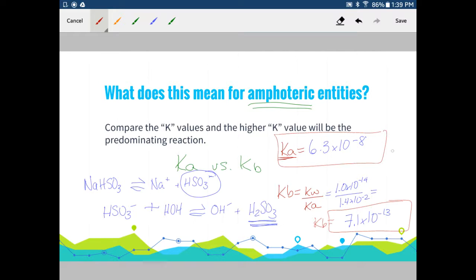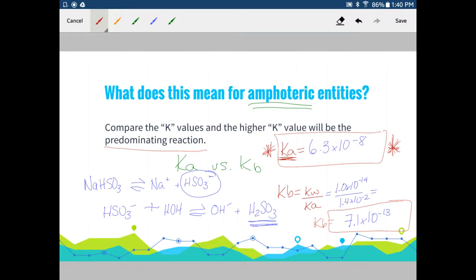This reaction will happen more times, or it's more frequent, and we create more, for example, hydronium ions than we do hydroxide ions, which means that our Ka value, because this is the larger of the two values, is the predominating reaction. It is the reaction that we see most often, and if this was in a vessel or a container, this acid reaction is going to happen more frequently. So again, you have to be careful with those.